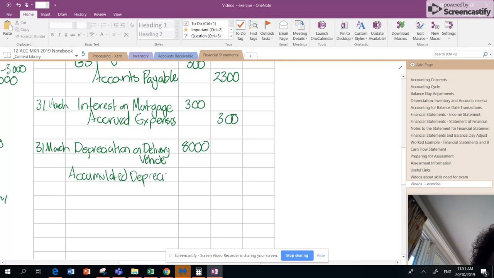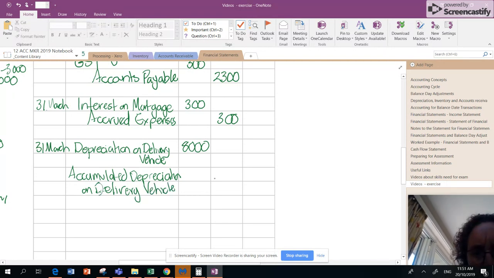And for the exam, make sure you use complete account names. Don't abbreviate them. You have to write out the whole thing, just as they are in the trial balance.